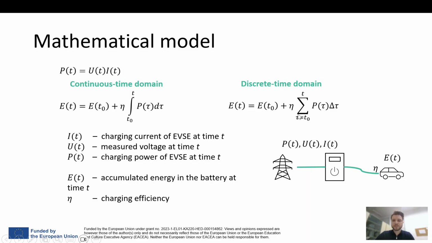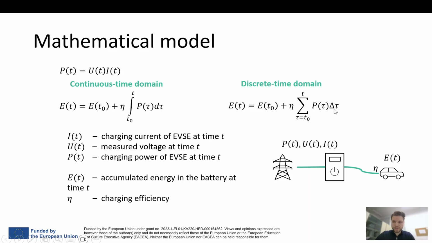But essentially this is the same equation, which says that the energy that is stored at a time t is equal to the energy that was stored at time t0 plus the energy that is added between t0 and t. The power is measured in watts or kilowatts.